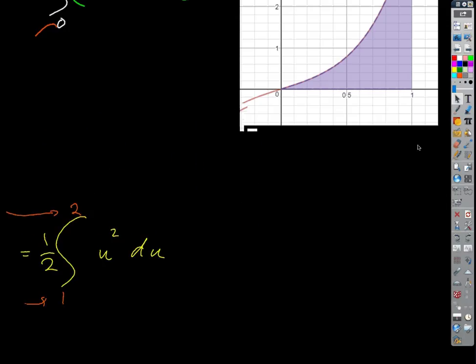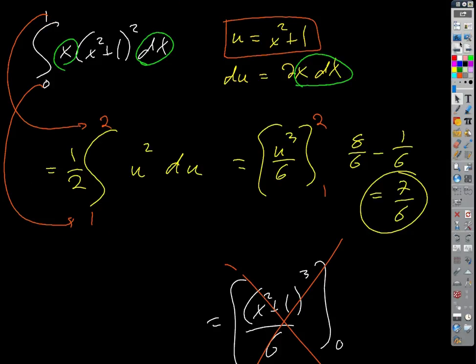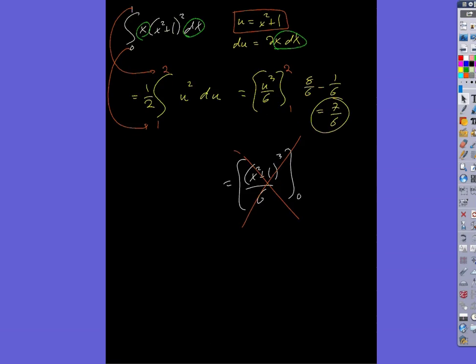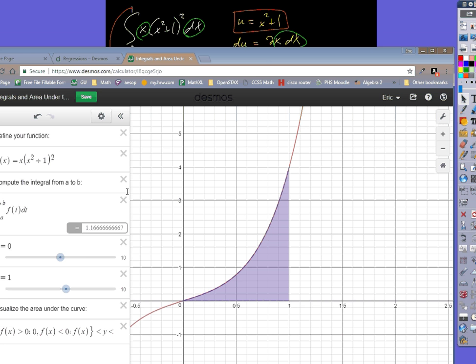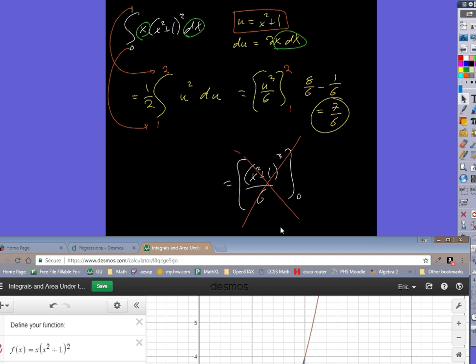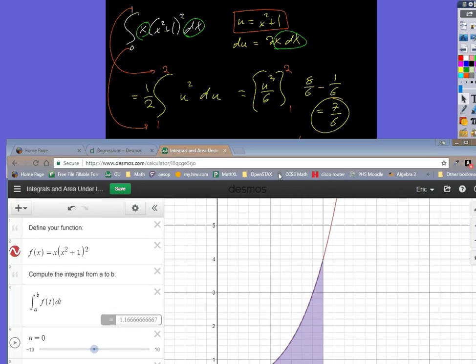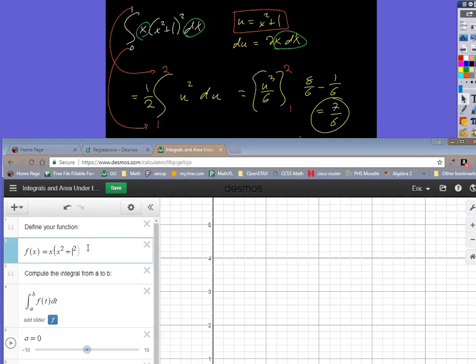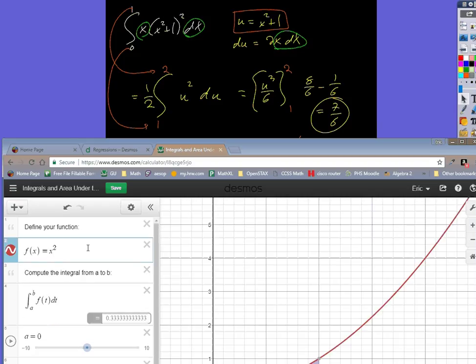All right, so now we're just doing u squared. So I'll change my function. I'm going to call it x squared instead of u squared. But we're just going to do x squared. X squared times 1/2, right?